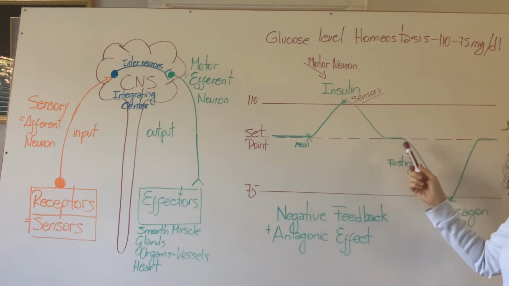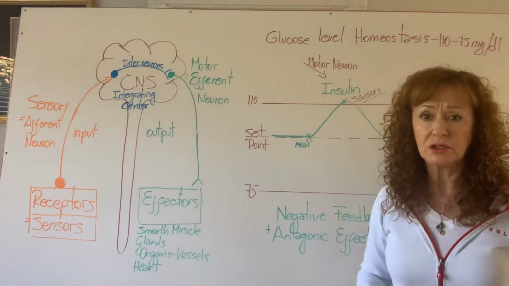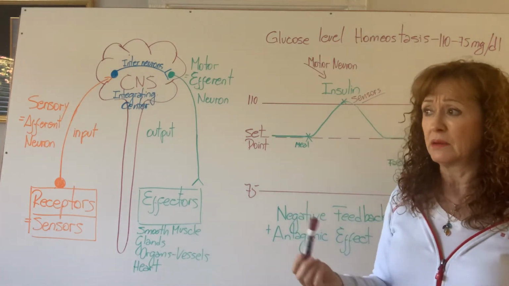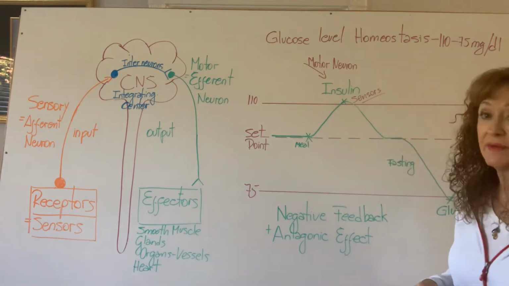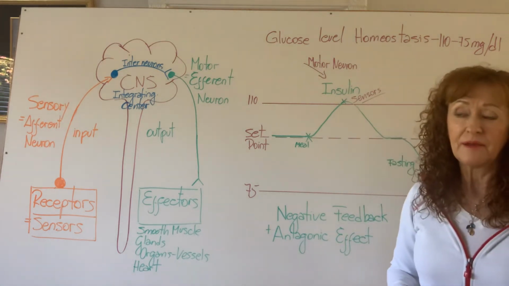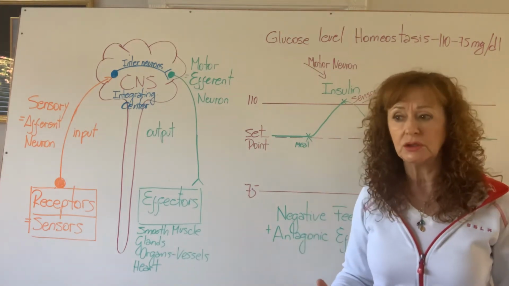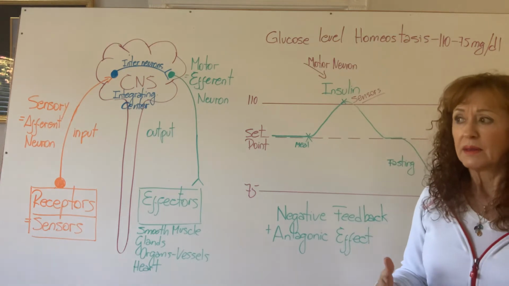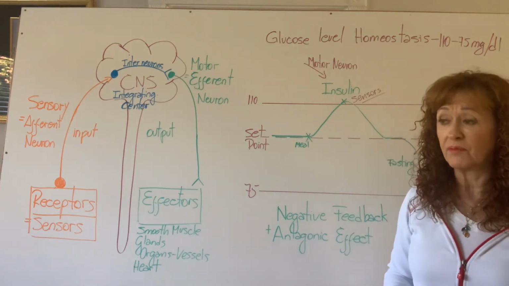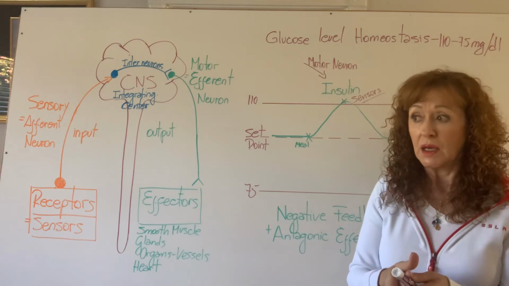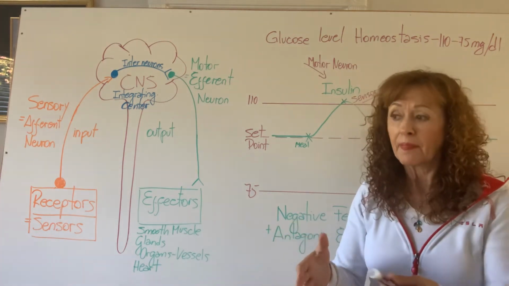However, let's pretend that the meal was breakfast and we have a very light meal during lunch. But we still have to continue working, thinking, moving, everything from that point on until we have the next meal.